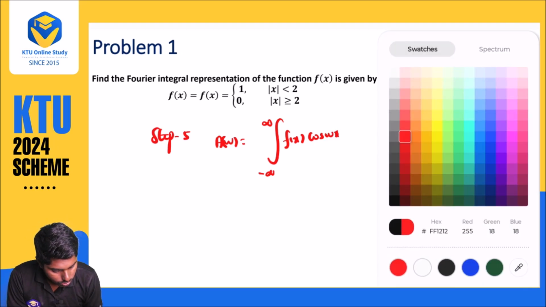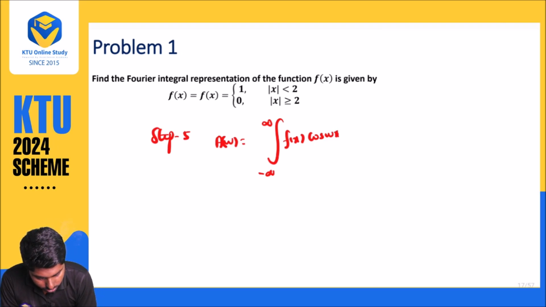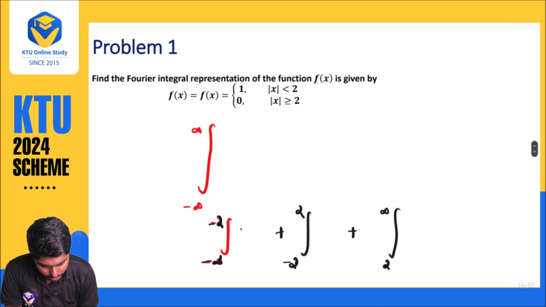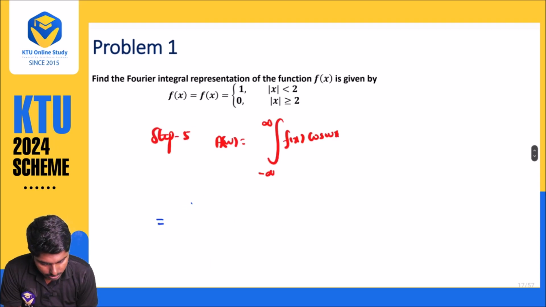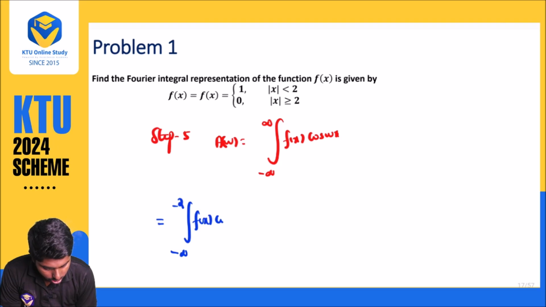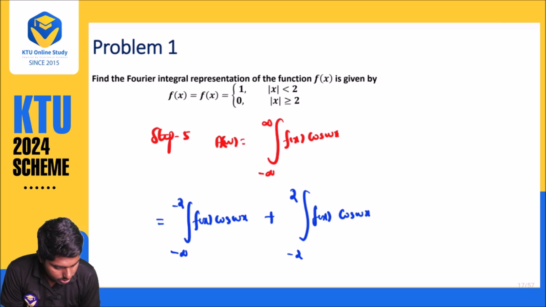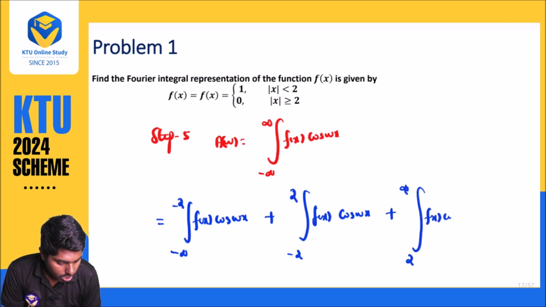We have already split the limit in the previous step: minus infinity to minus 2 of f of x cos omega x, plus minus 2 to 2 of f of x cos omega x, plus 2 to infinity of f of x cos omega x.